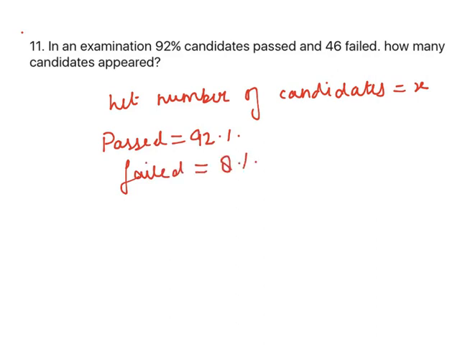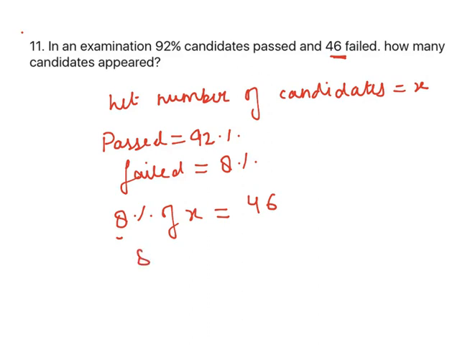So 8% of X is given as 46, because they have given it in numbers here, and from the percentage we know that the total number of candidates should be 100%. So 92% passed, which means the remaining 8% failed, and in number they have given 46 candidates. That's why 8% of the total number of candidates is 46.